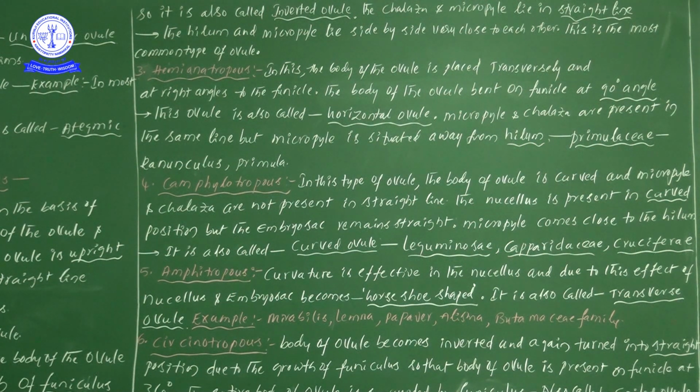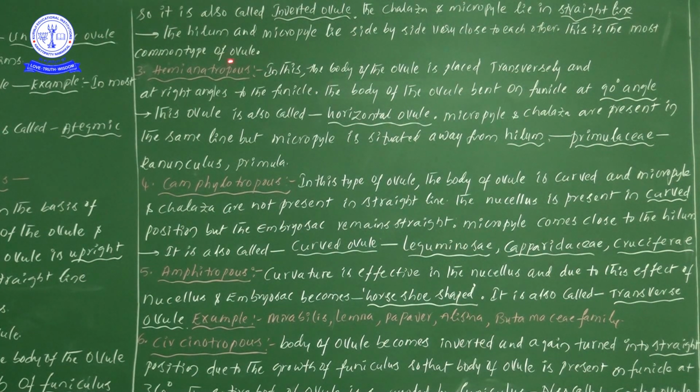So the body of the ovule is turned 180 degrees, and that we can observe in the Anatropous condition. Next, the chalaza and the micropylar region lie in a straight line, and the hilum and the micropylar region lie side by side, very close to each other.